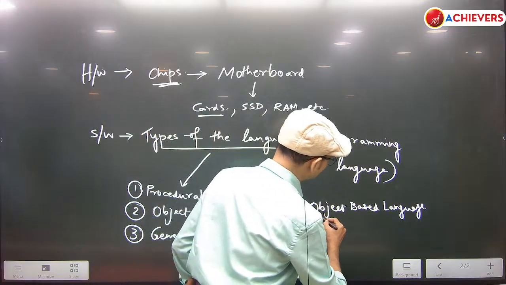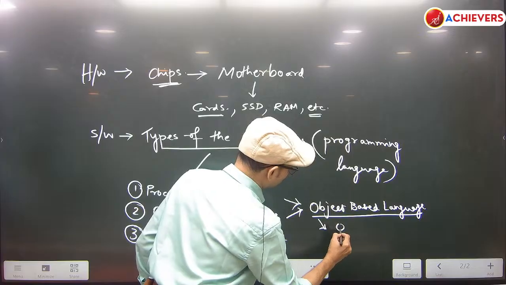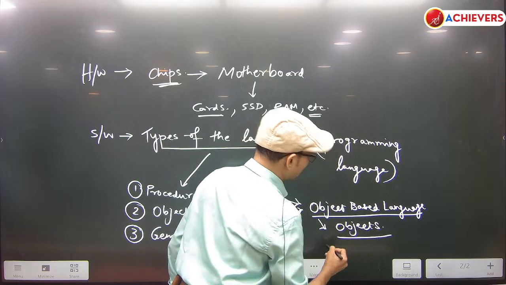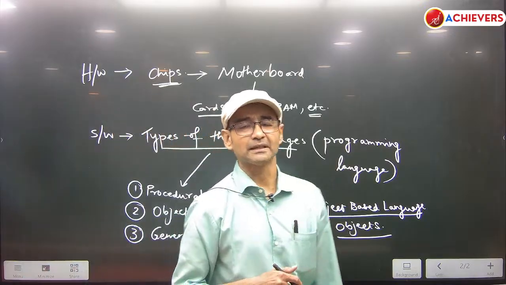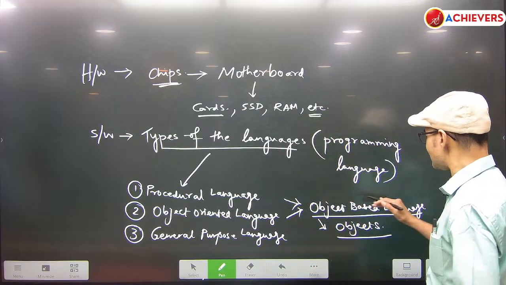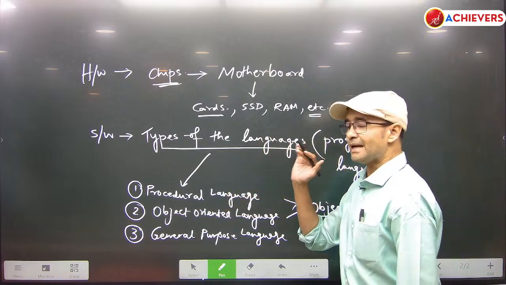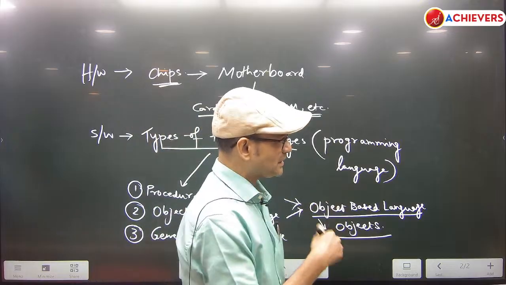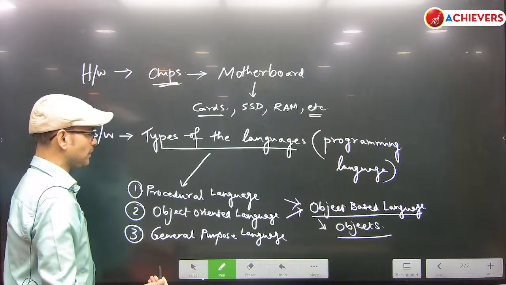Object based language means we can create different objects, but we cannot have dynamic polymorphism for that particular object. We will be discussing this later. For now we are just learning about the different types of languages that we can have: number 1 procedural language, number 2 object oriented language, number 3 general purpose language.